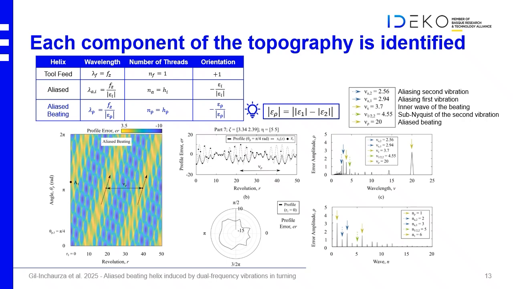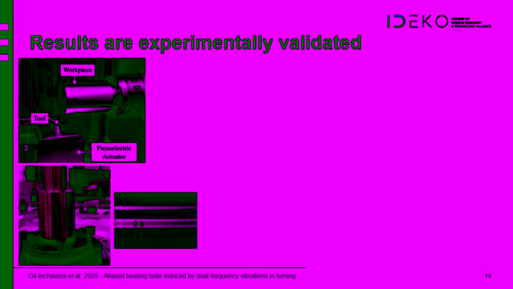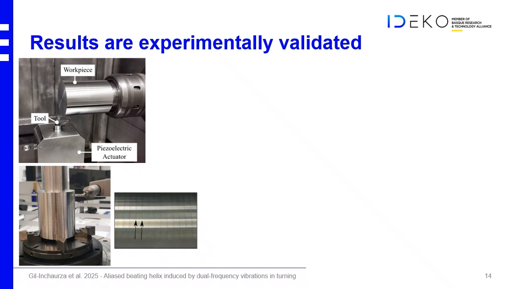From the first component, we can see the vibration coming from the inner waves of the beating, from the outer waves of the beating, and also from some Nyquist artifacts of the second vibration. And like this, we can make a proper identification of all the components and their related frequency that is causing these marks. So those results have been validated experimentally.